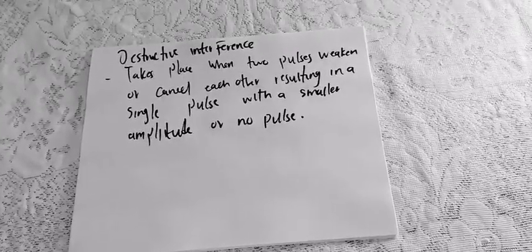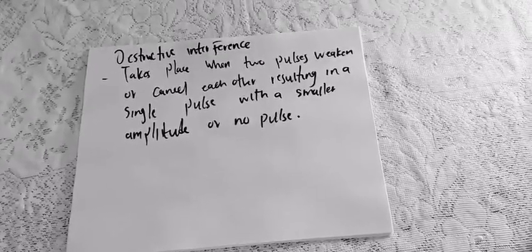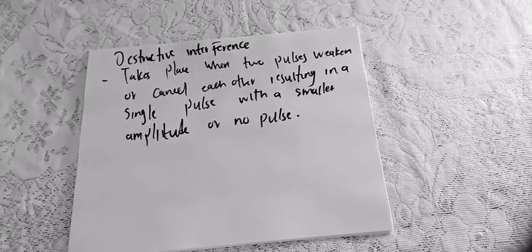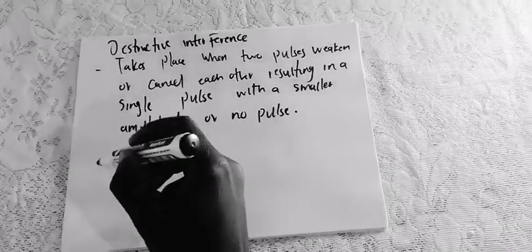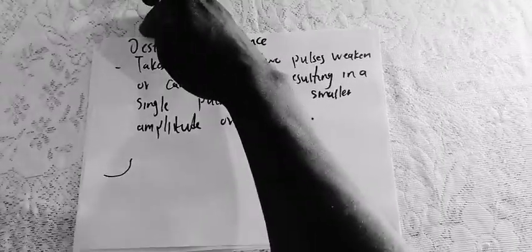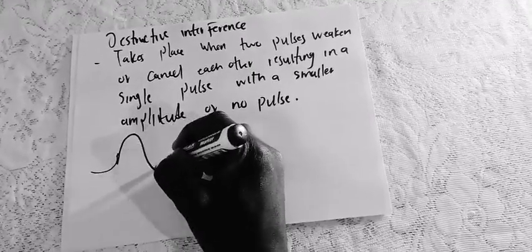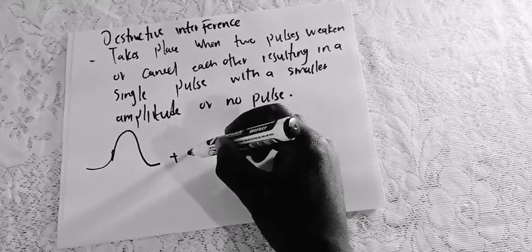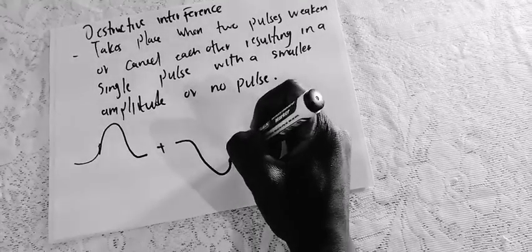Okay, as with constructive interference, there are diagrams. Its diagrams were pointing in the same direction. But with these ones, one will point up and the other one will point in a downward direction. So this is the first amplitude plus the upside down pulse.